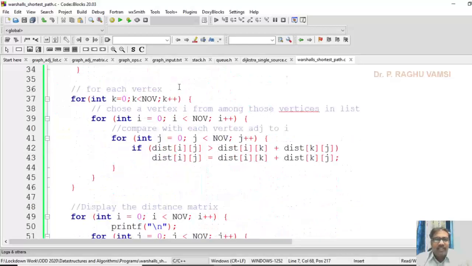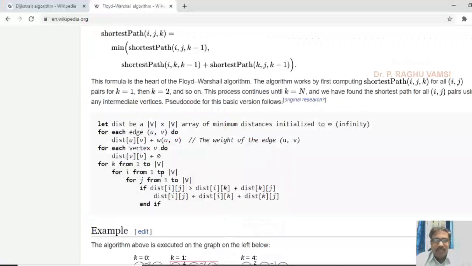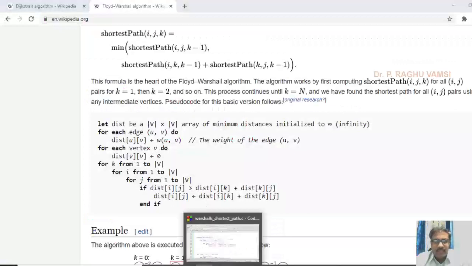Now for each vertex, choose a vertex i from among the vertices in the list and compare with each vertex adjacent to that chosen vertex. The same 3 for loops that were mentioned here, I have implemented as they are.